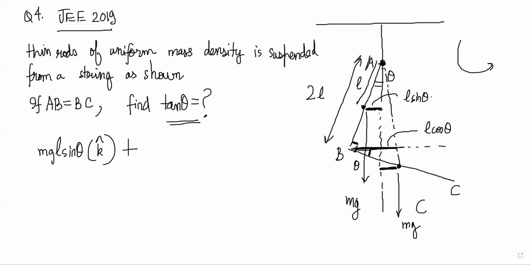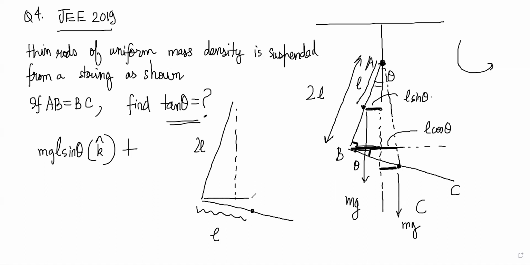And what is this height? So I will just draw the figure like this. So think about it. This length was 2L. This length is L. If I draw like this, this is L cos theta because the angle here is theta.